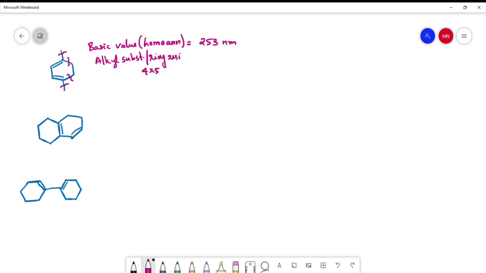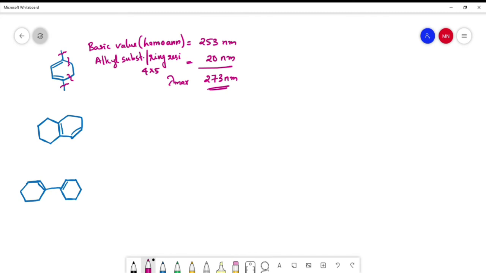Each will be contributing 5 nanometer. So 20 nanometer. Now there is only one ring. So there are no exocyclic double bonds, and there is no double bond outside the ring. So this is enough. So lambda max calculated will be equal to 273 nanometer for this compound.